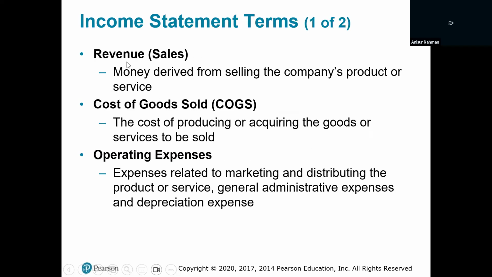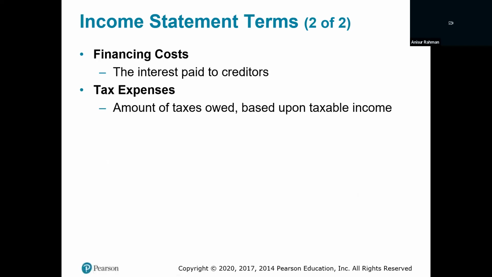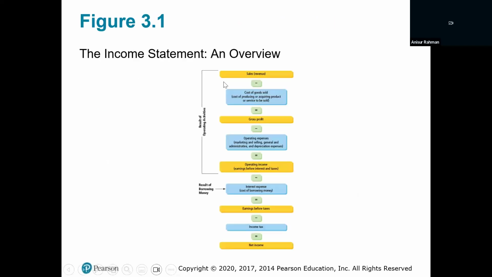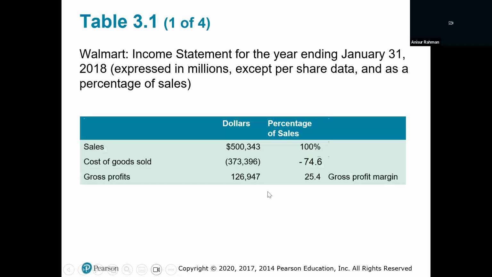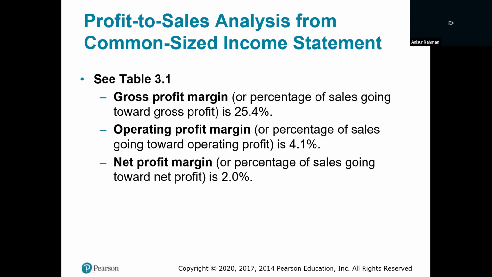The definitions of each of these items that go onto the income statement, and how do you calculate different line items on an income statement. What is a common size income statement? What is gross profit margin, operating profit margin, net profit margin?